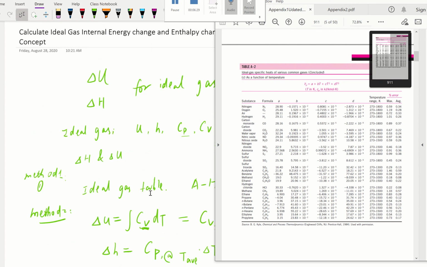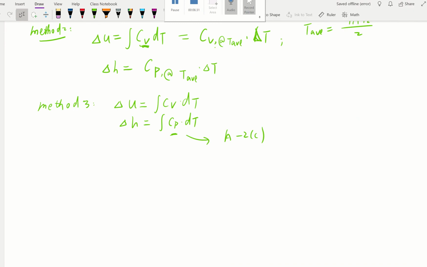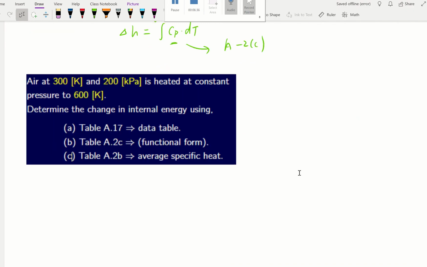I think the best way to learn this is to go through an example. So here's the example. It says air, so that's considered an ideal gas. The initial temperature, T1, is 300 Kelvin, and the initial pressure is 200 kilopascal. Then it's heated at constant pressure to a final temperature, T2, of 600 Kelvin. So P1 is equal to P2.